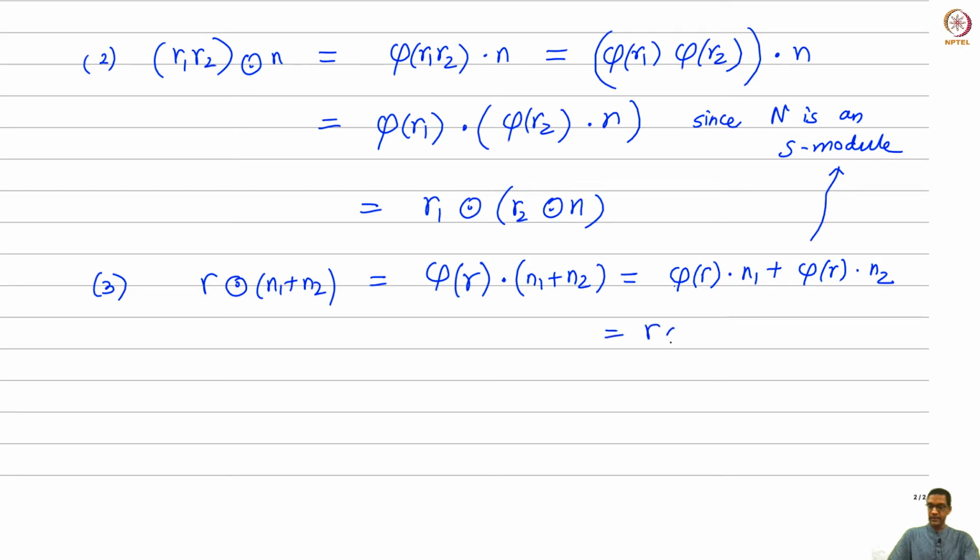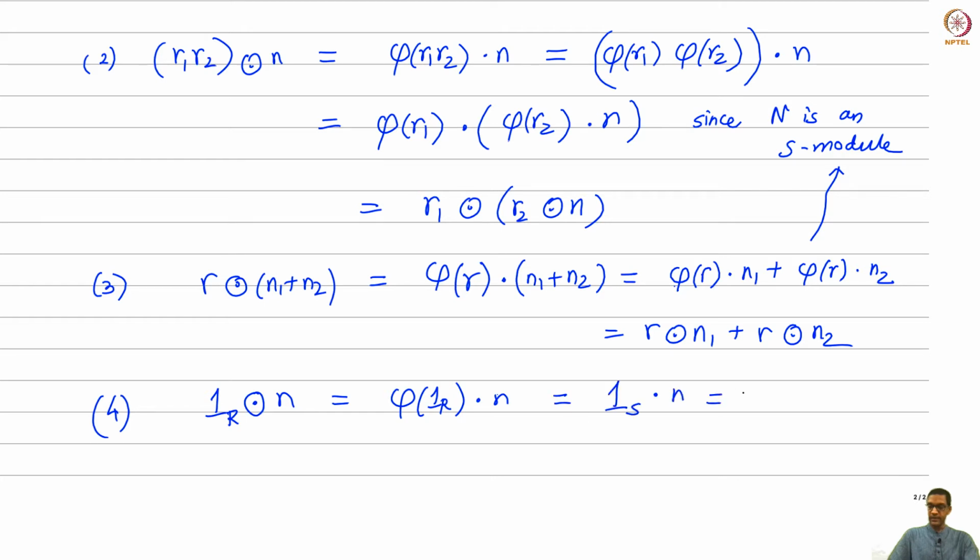So that's rn1 plus rn2. And finally, the identity: if we take the multiplicative identity of R, how does it act on n? Well, I first apply phi to it, but homomorphisms necessarily map the multiplicative identity to the multiplicative identity, and identity on n is n. So we have checked all 4 axioms.